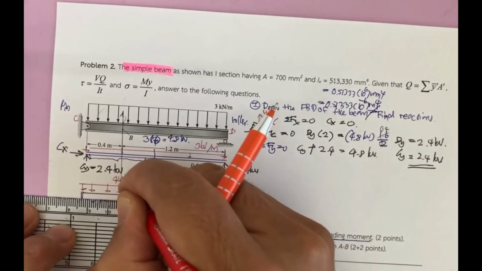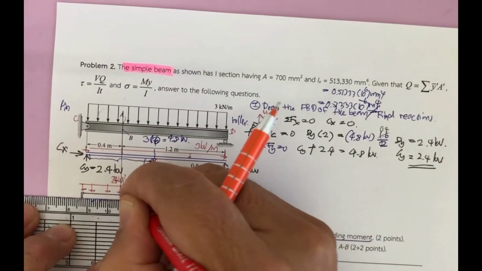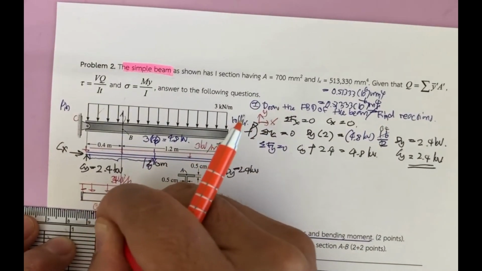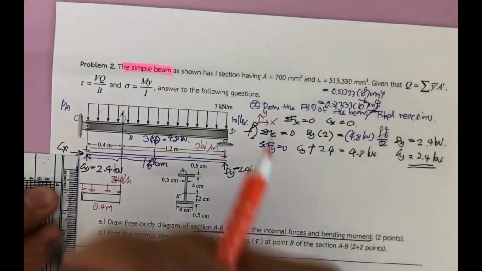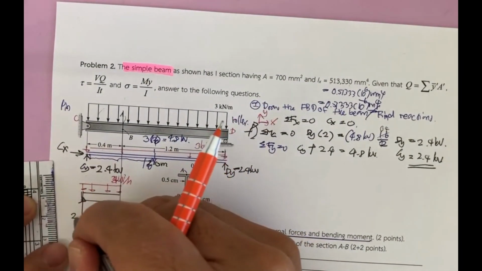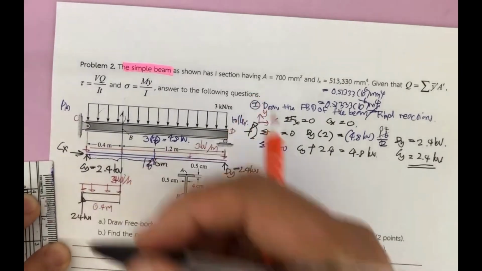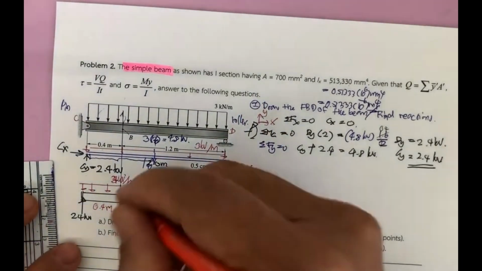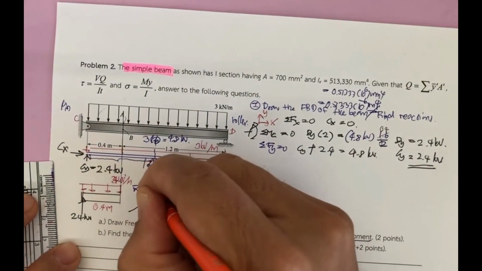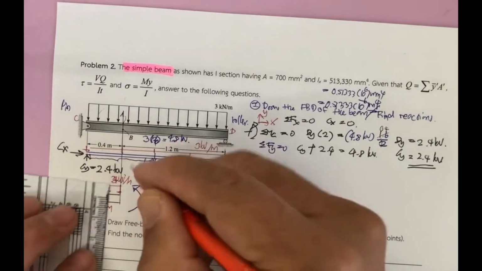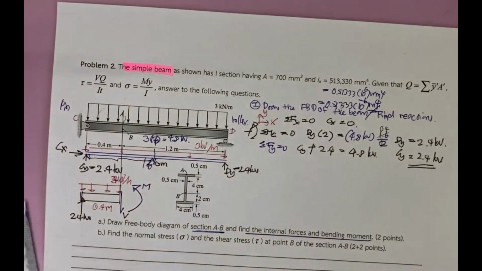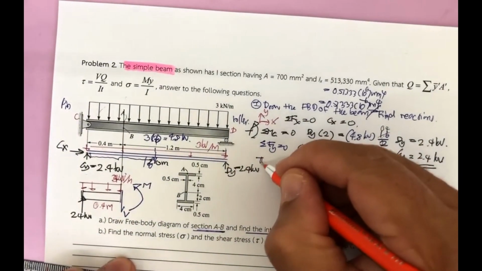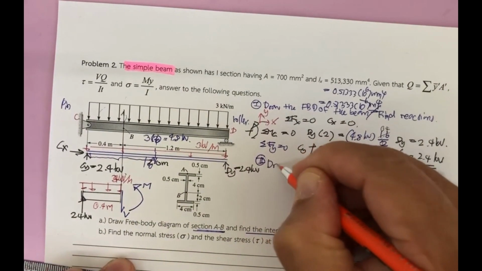This is 3 kilonewton per meter. This is 0.4 meter. And then you have this one for 2.4 kilonewton. And by cutting this, that means you're going to have the moment M here, and the shear here is V.